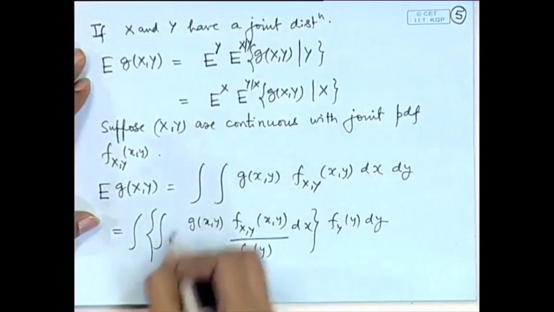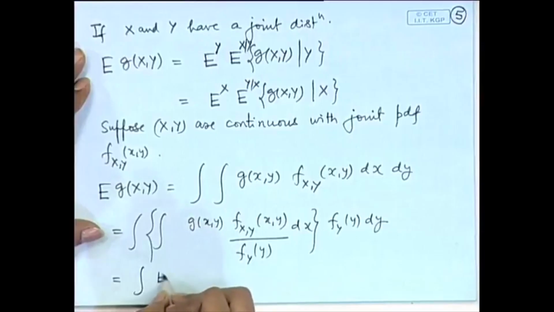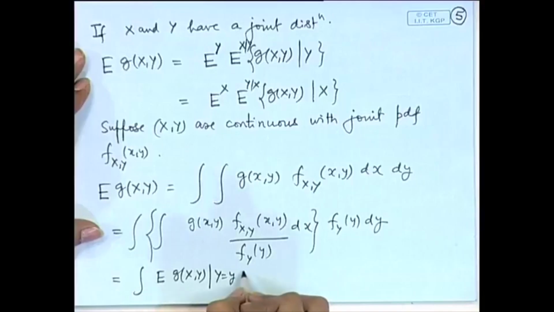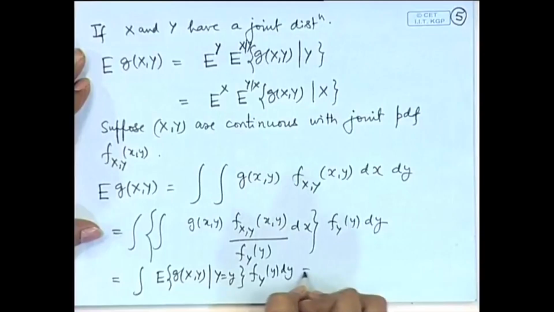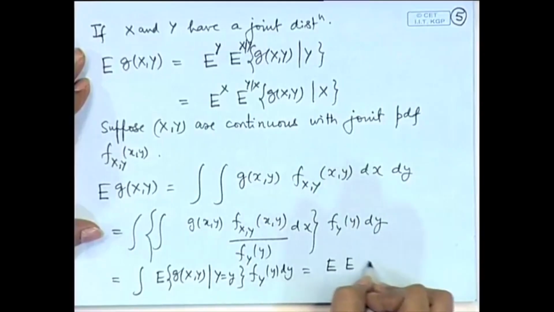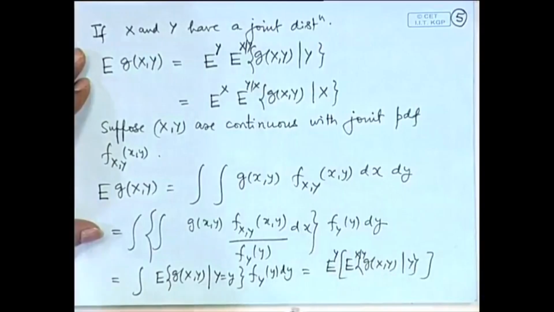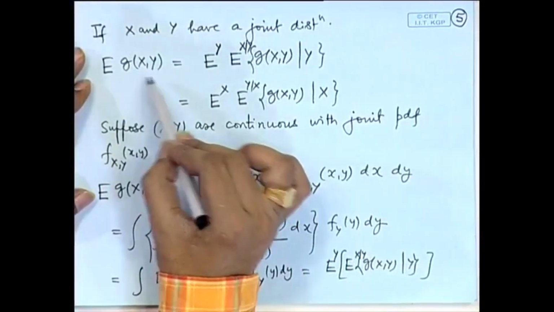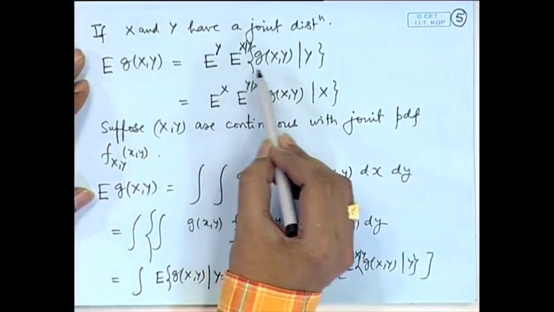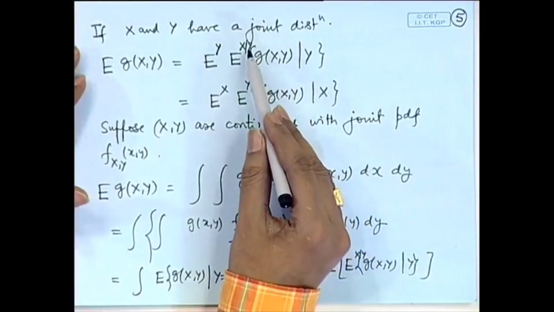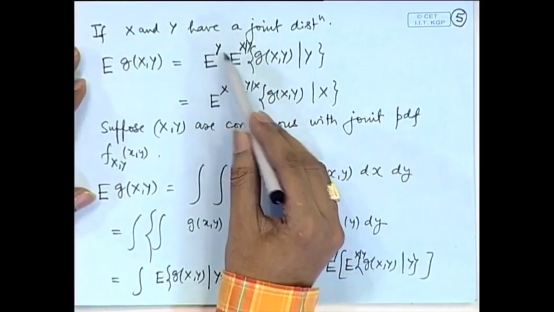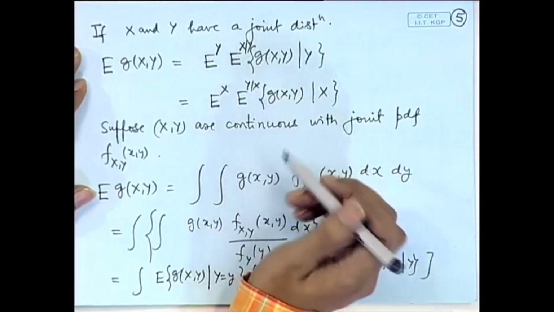So, this inner quantity is nothing but the expectation of g(x, y) given y, multiplied by the density of y, which is nothing but expectation of expectation of g(x, y) given y. That means the joint expectations can be calculated in stages, firstly with respect to a conditional distribution and then with respect to a marginal distribution, in either order.